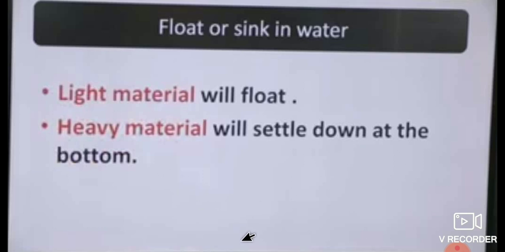For example, sand or iron, when it falls into the water, will settle down at the bottom, because iron and sand are heavy materials, while dried leaves and honey are lighter materials. Therefore, lighter material will float while heavy material will settle down at the bottom of the water.